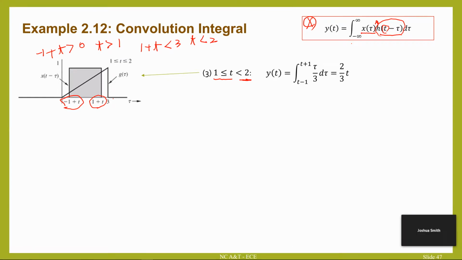I'm trying to understand what's the purpose of doing this? To get the output, this is the zero state response. Last time we got the zero state response by using the Laplace transform, which is a transform domain process, but the convolution process is a time domain process.